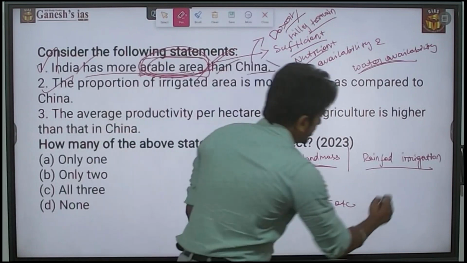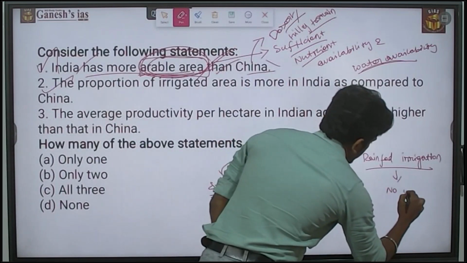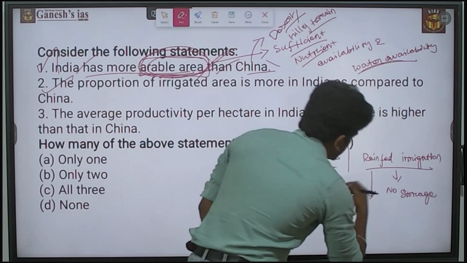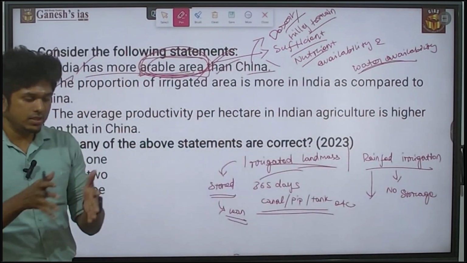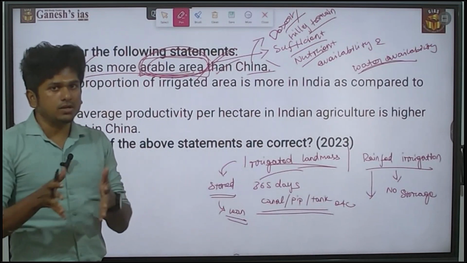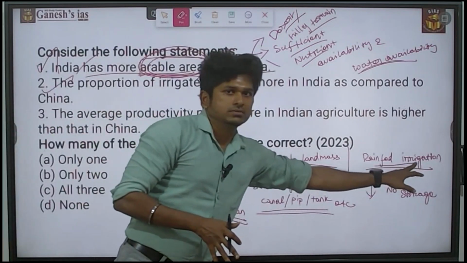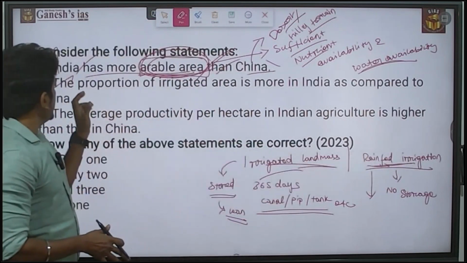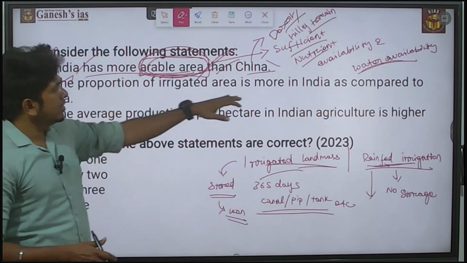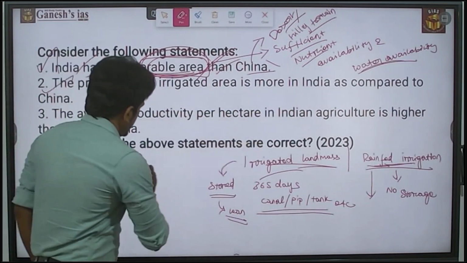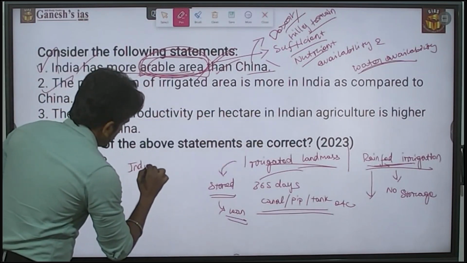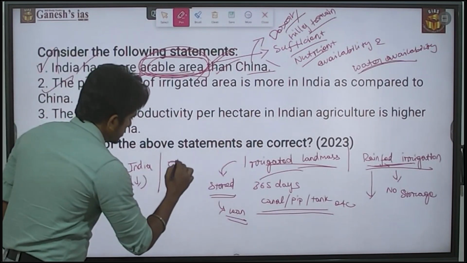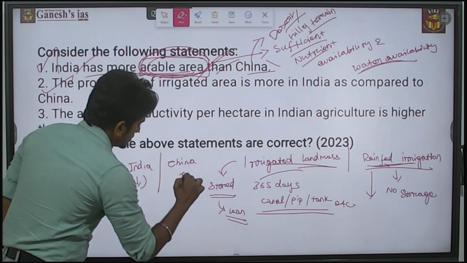When it comes to rain-fed irrigation, there is no storage facility and it is purely based on rain. Only at the time of rainfall, only at the time of the monsoon, they will go for cultivation. That is called rain-fed irrigation or rain-fed agriculture. Comparing the proportion of the irrigated area, India has a lesser availability of irrigated landmass, whereas for China the irrigated landmass is higher.